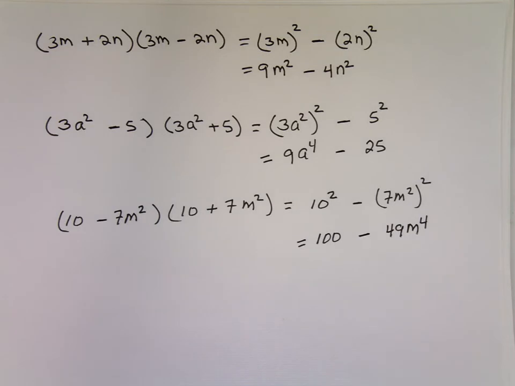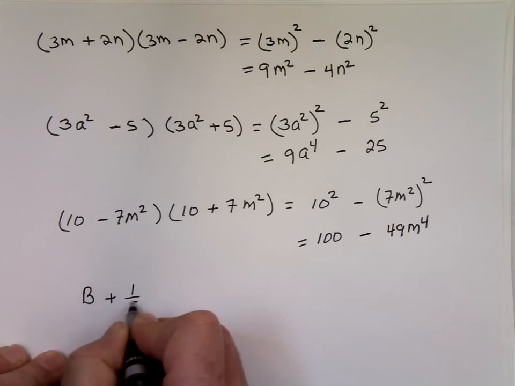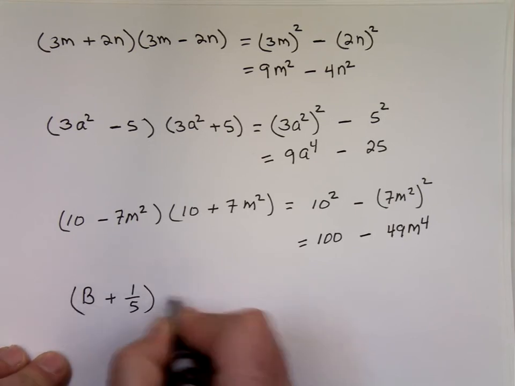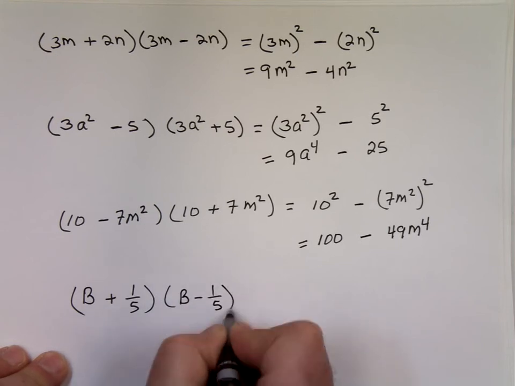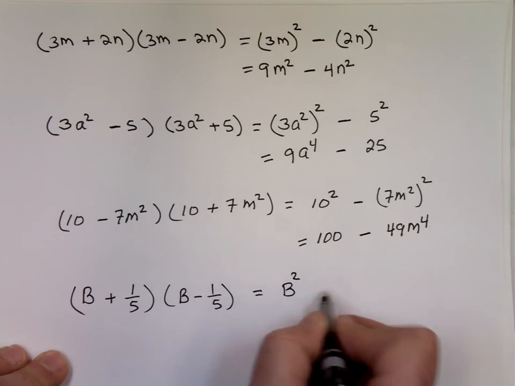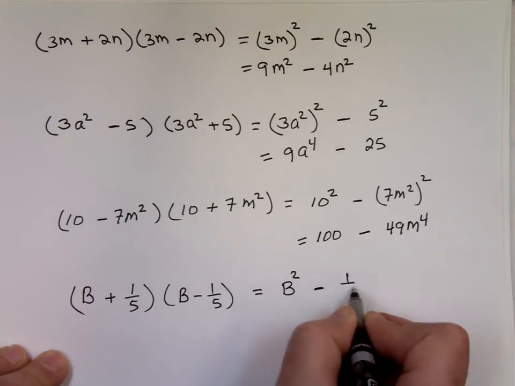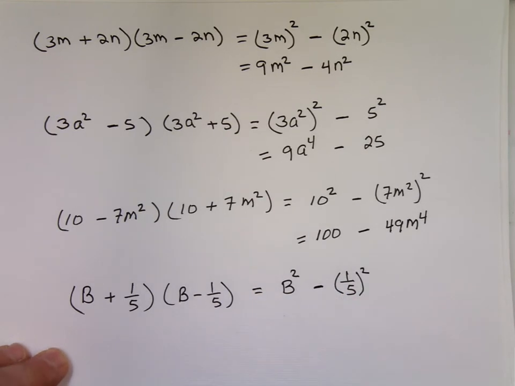Even if they give you a fraction, if they said, you know, we got b plus 1/5, b minus 1/5. Doesn't matter. Take the first one and square it, minus take the second one and square it. So that'll give me what?